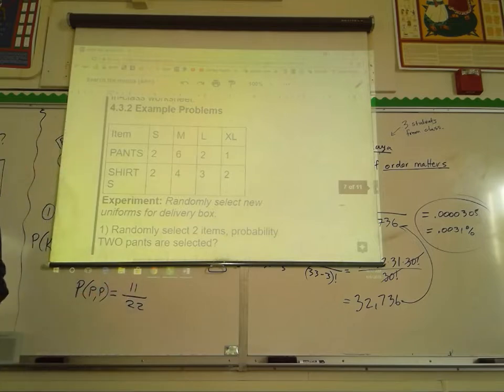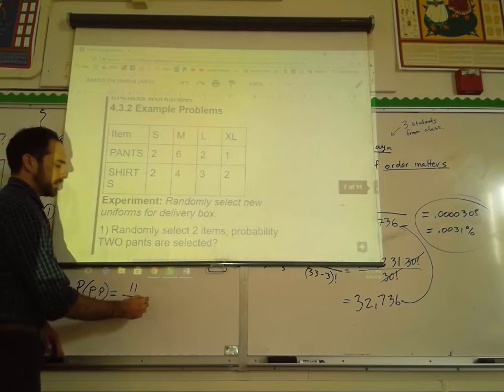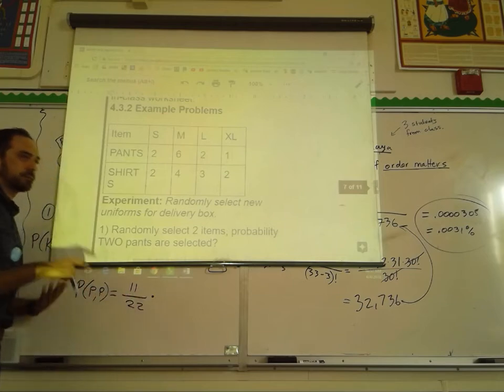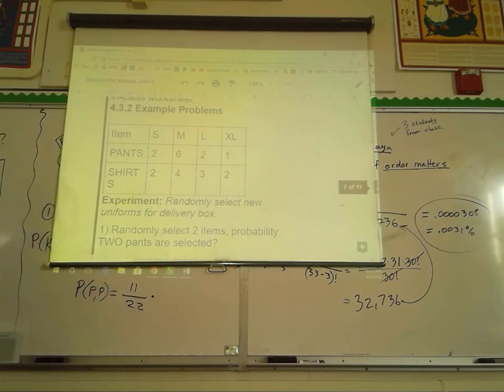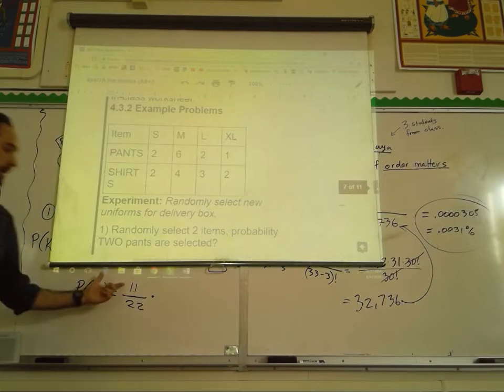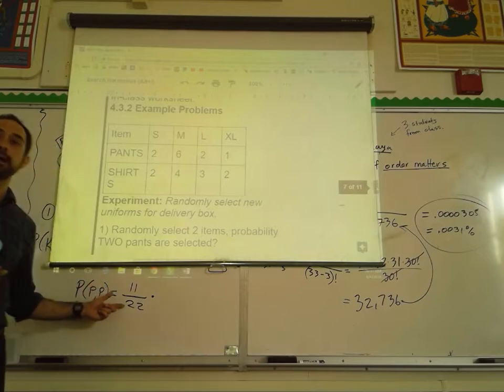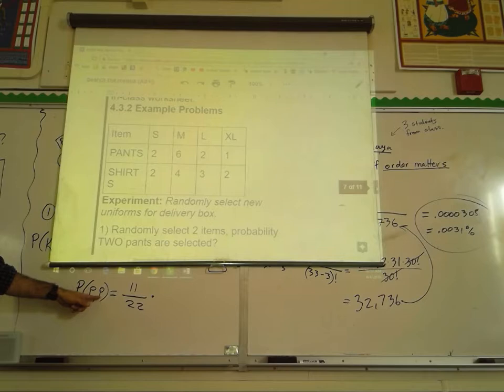Okay. So I know the probability of the first pick being pants is 11 out of 22. Now, this is a dependent event because I'm passing these things out. I'm not taking the uniform out, oh, that's pants, and putting them back. That just is silly.